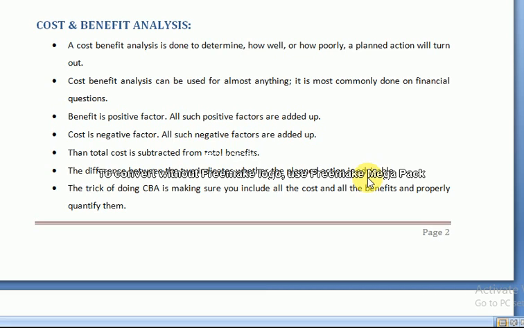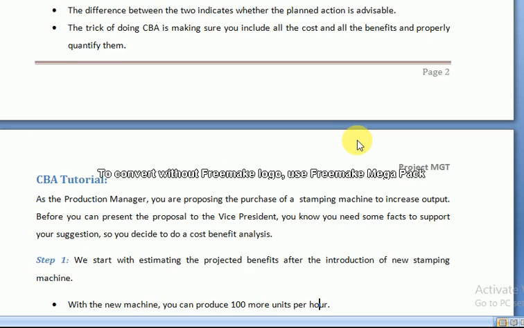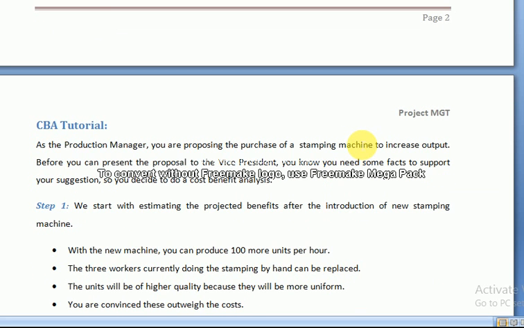Now the trick of doing the CBA analysis is making sure to include all the costs and all the benefits properly. Sometimes, being a project manager, we are not calculating all the costs of the project properly, and some costs we miss.